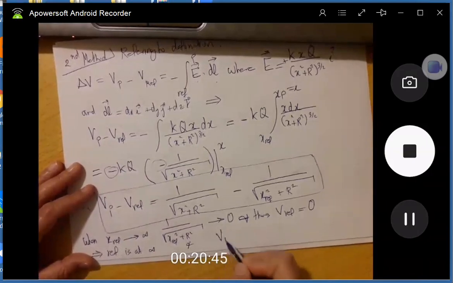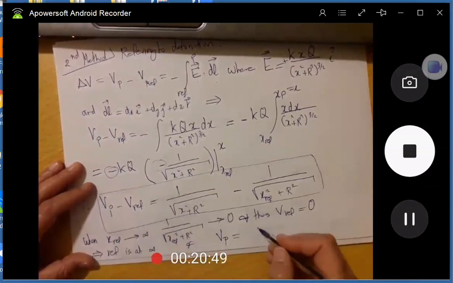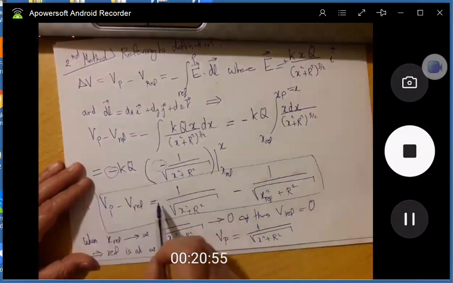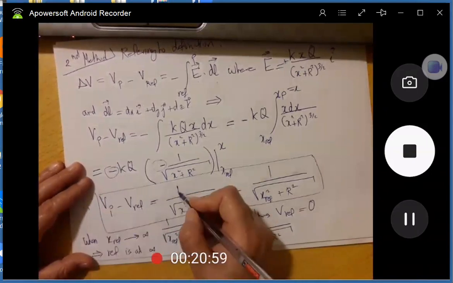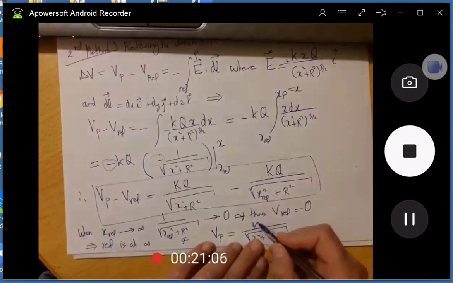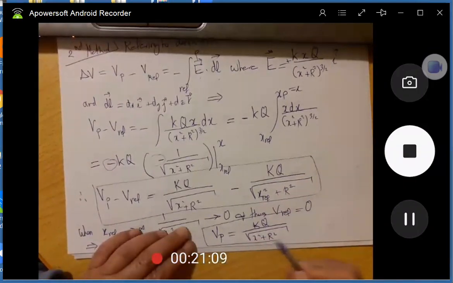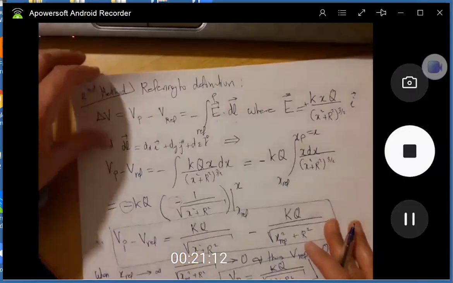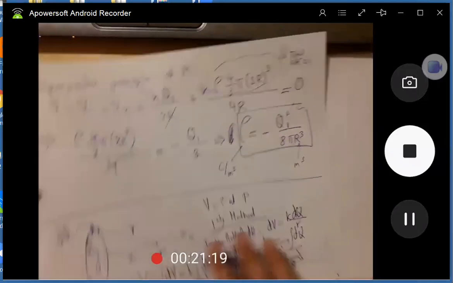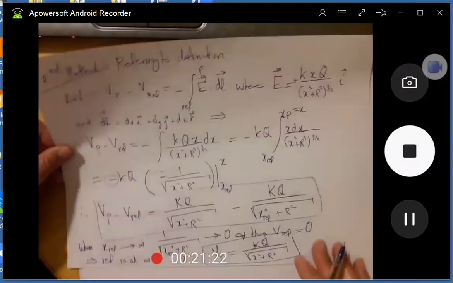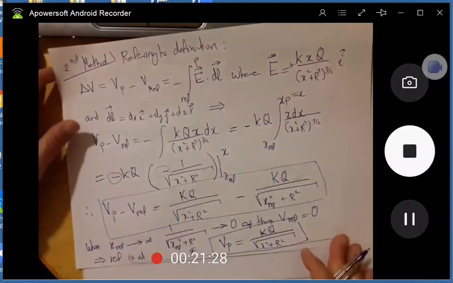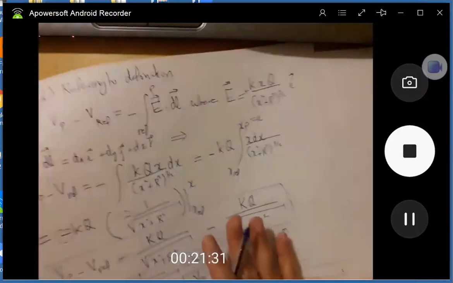And VP will be just 1 over the radical of x squared plus r squared. Of course, I don't have to forget the kQ factors. So this is kQ over the radical of x squared plus r squared, which is exactly equal to what was obtained with the first method. So using either of these two methods, and of course if we are free to choose, we choose the easier method, which is the first method that we considered.